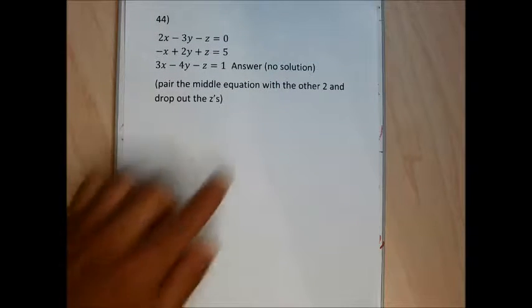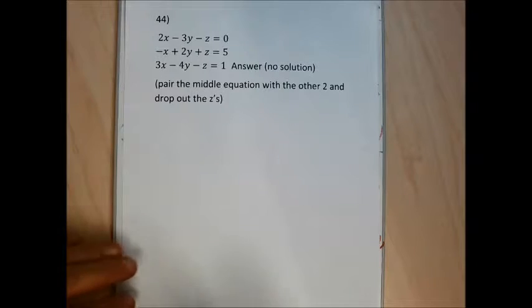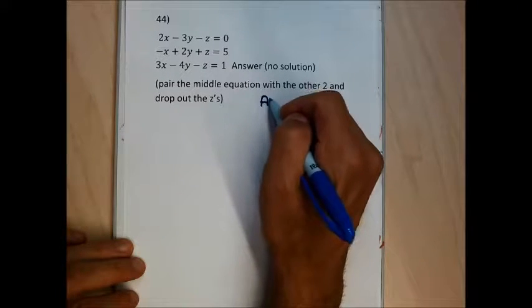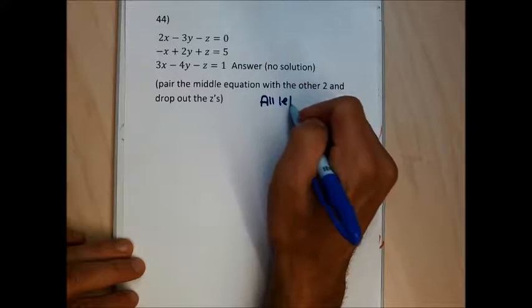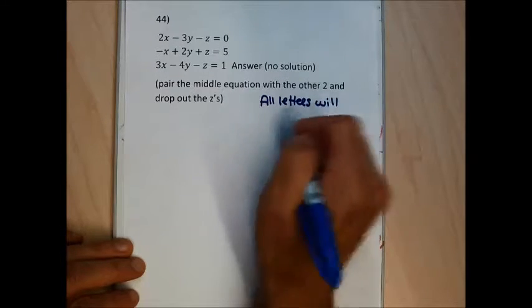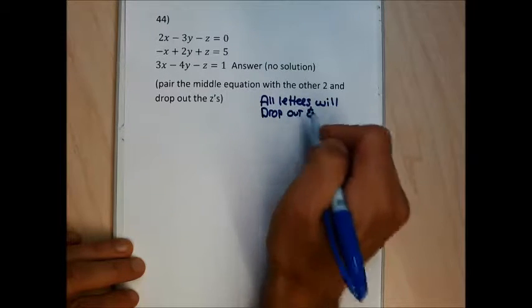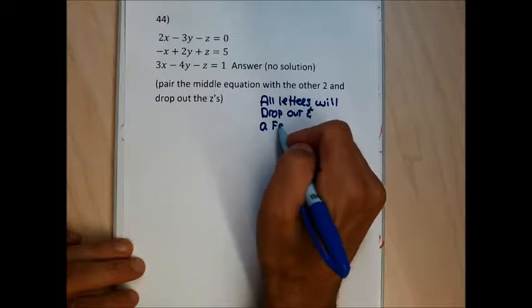Problem 44 says there's no solution, which means that at some point in the algebra, all the letters will drop out, and a false statement will remain.